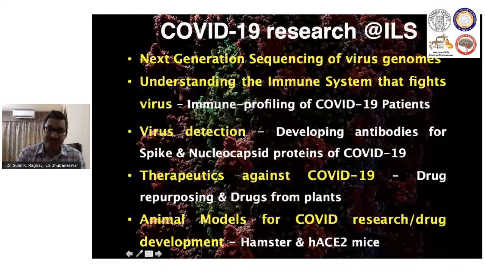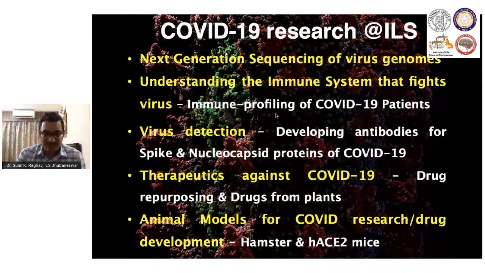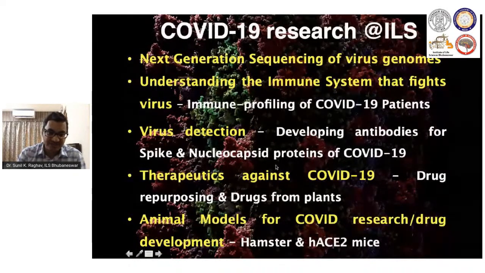Then we are trying to understand the immune system of these COVID-19 infected patients. We are collecting blood samples, swabs, and different other samples to understand that. Some groups in our institute are generating antibodies against virus proteins for detection.